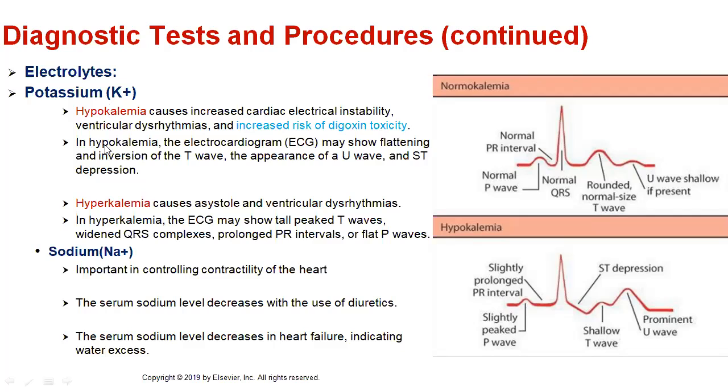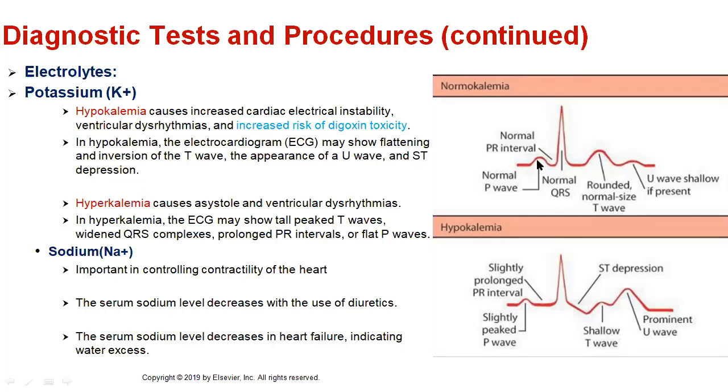So if the patient has hypokalemia, the electrocardiogram, EKG or ECG, may show flattened T wave, appearance of the U wave, and ST segment depression. This is the normal electrocardiogram we can see.